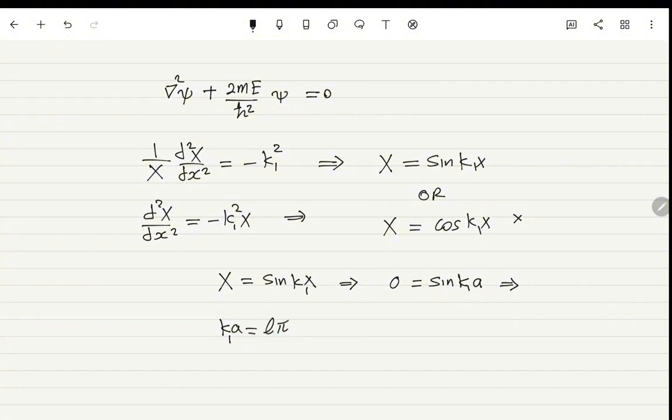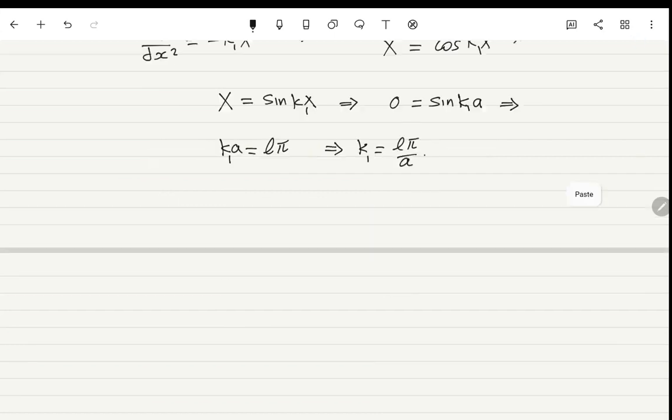L is actually some integer, so therefore k1 will be equal to L pi over a. L here again is an integer, and both conditions will be satisfied because sine L pi over a equal to 0 when x equals 0 and x equal to a. Therefore, the solution X will be equal to sine L pi over a x.